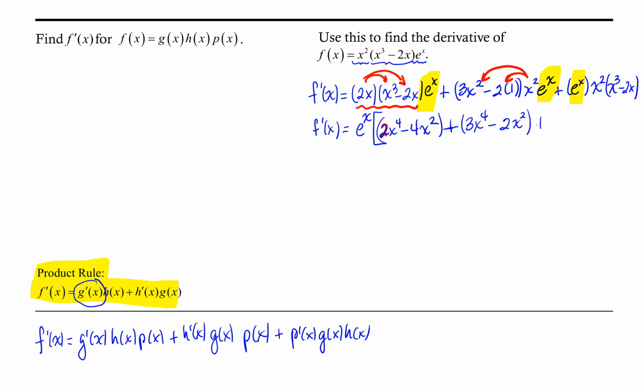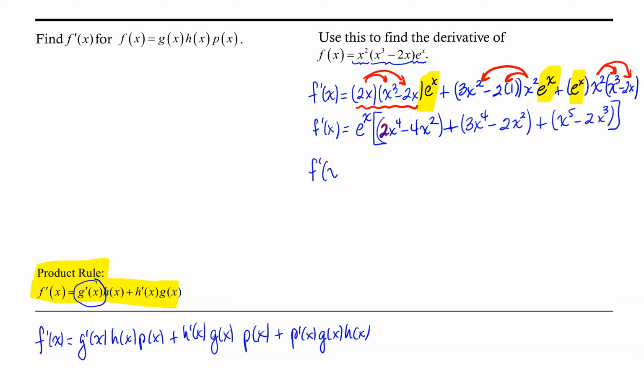And then plus from our last and final term, when I factor out the e to the x, let's go ahead and use the distributive property there as well. And we'll have x squared times x cubed, which is x to the fifth, minus 2x cubed.